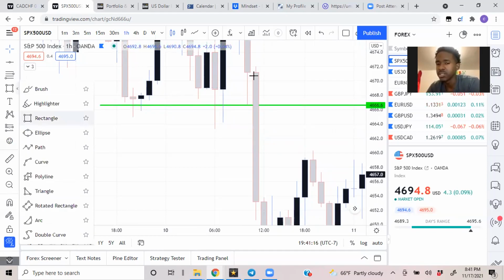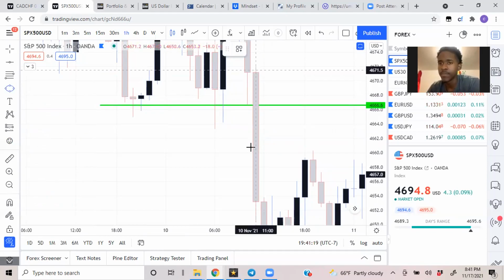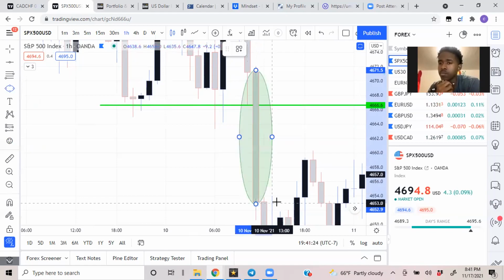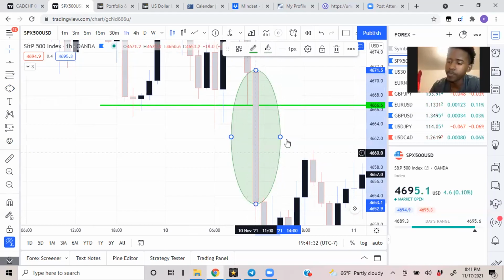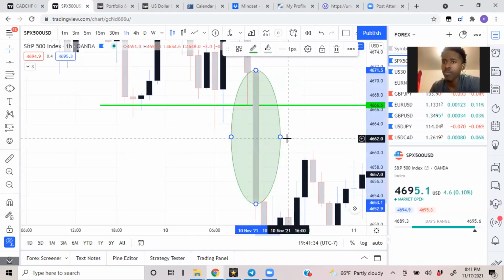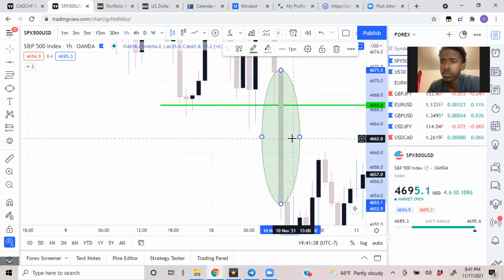Yep, the full body candle is the confirmation. So this big body candlestick right here was my confirmation that the sellers won.